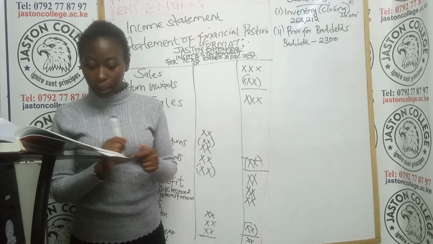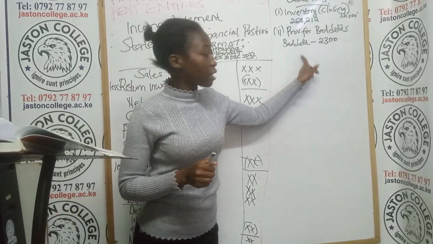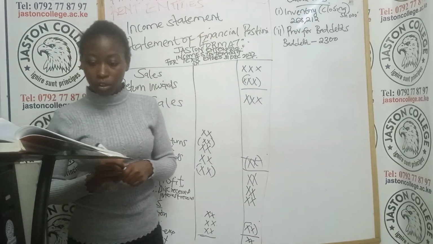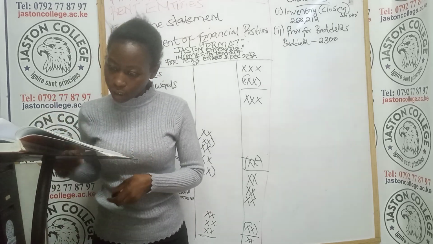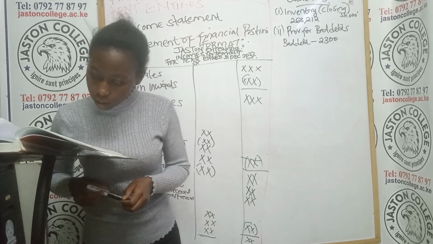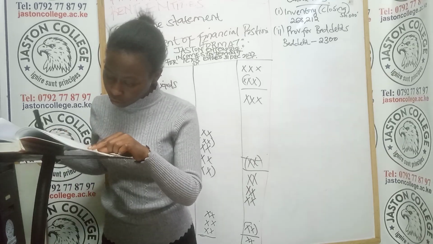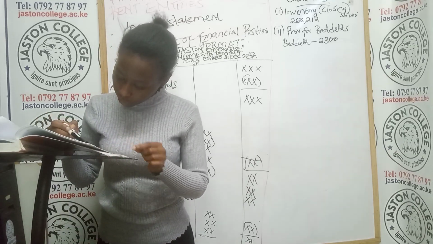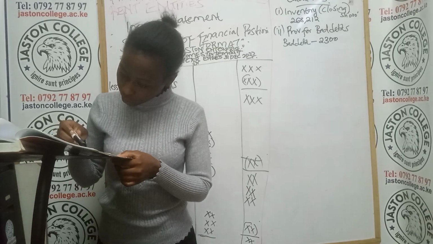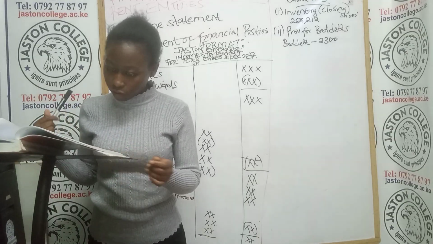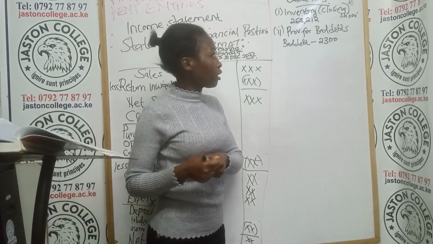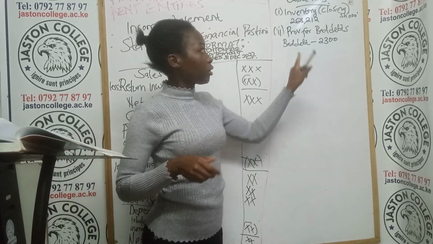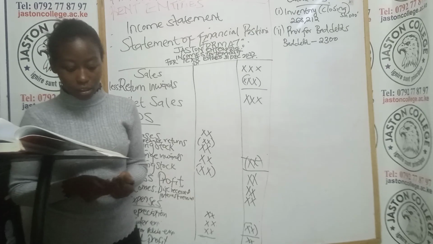This is our bad debt that we've gotten from the customer. Now we have the provision for doubtful debts. I don't know if you can see it from our question. No, we don't have any. Now that we don't have any, we will put this as our bad debt.